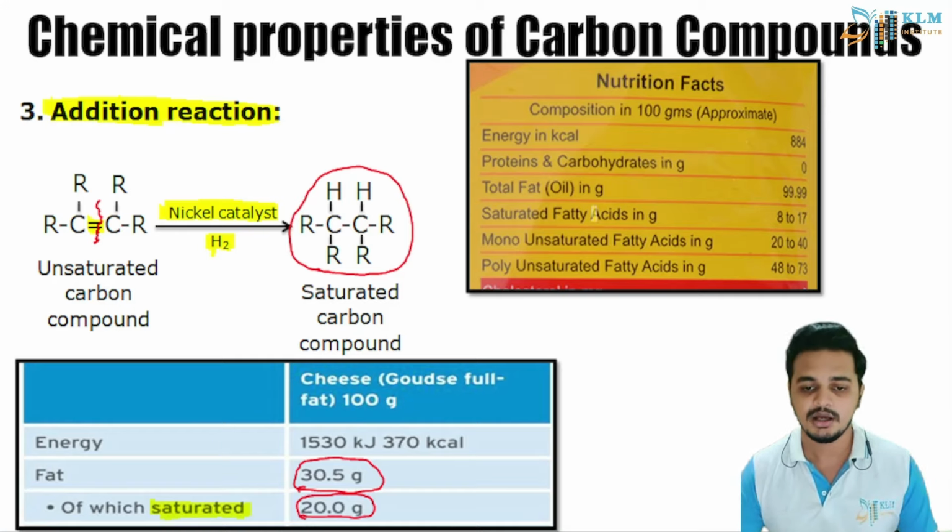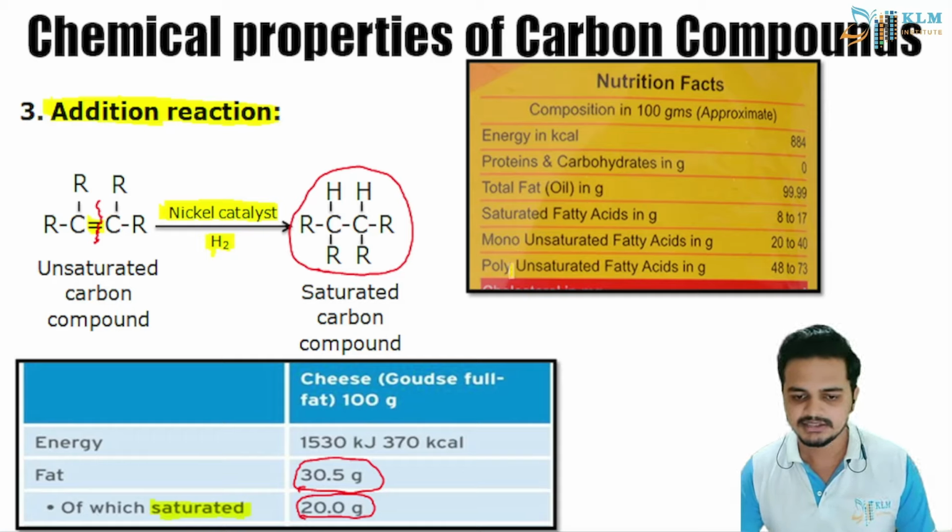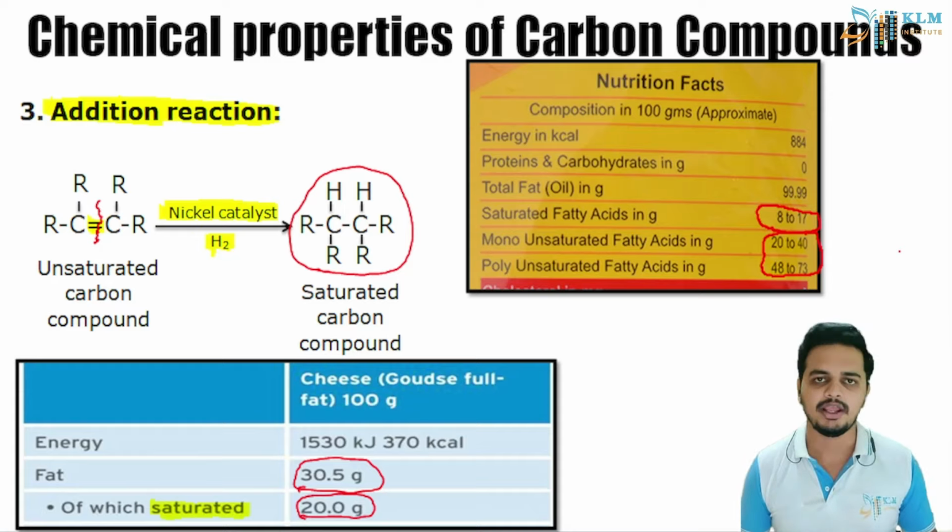This is the nutrition facts on an oil packet. You can see polyunsaturated fats and monounsaturated fats are high compared to saturated fats. So try to use this kind of oil. This research shows high intake of saturated fats can lead to obesity very quickly.